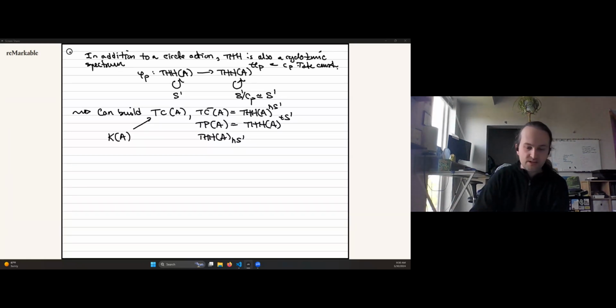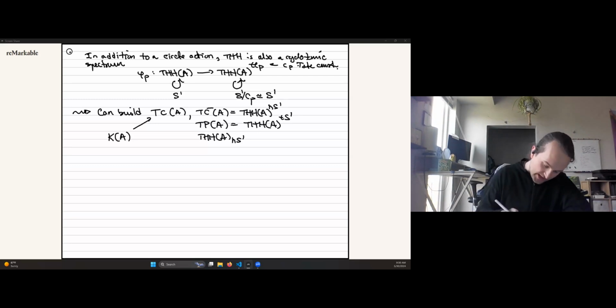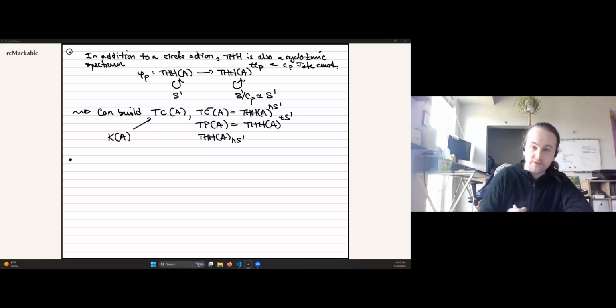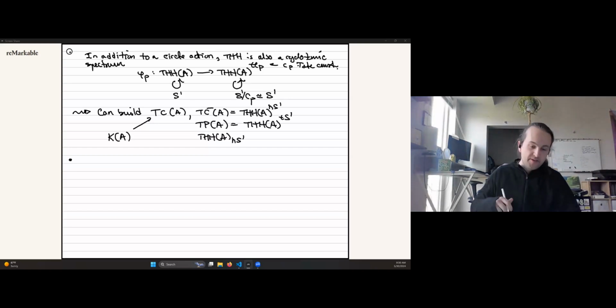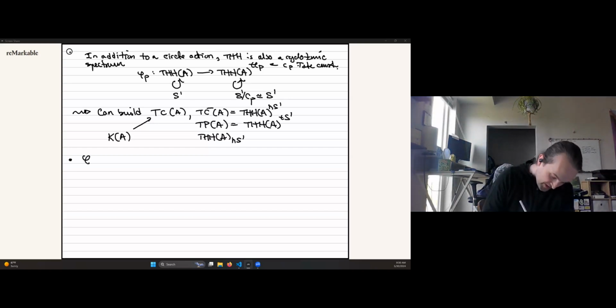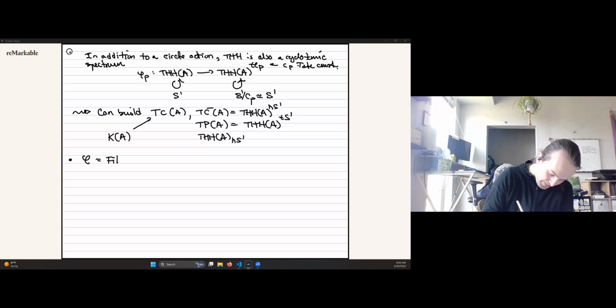Okay, so here's the next example, which I think will be the star of the show for the remainder of the talk. This is basically going to be what happens when C equals filtered spectra, or C equals graded spectra, or maybe C equals G-graded spectra or something like that.